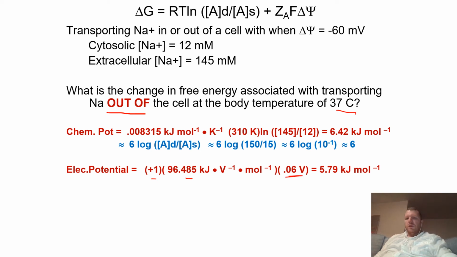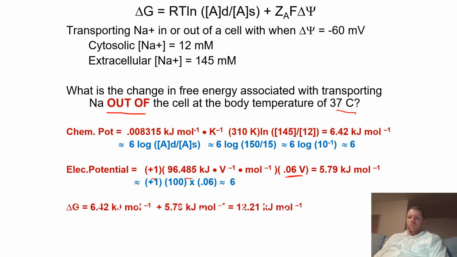My delta G, however, was negative, but now it's a positive move because we're talking about it going out of the cell. Okay, and so ultimately this move of a positively charged sodium cation going out of the cell is an unfavorable move because our delta G is going to be positive 12.21.